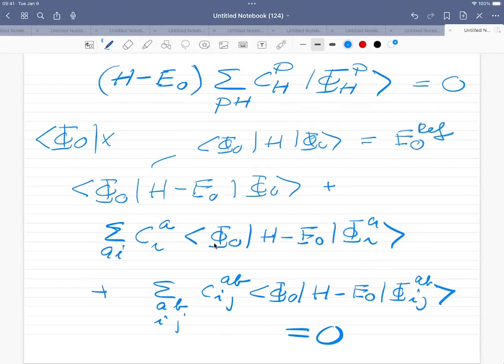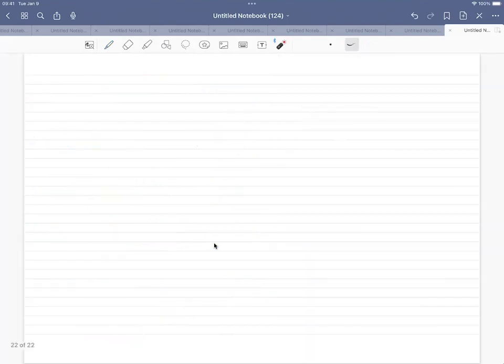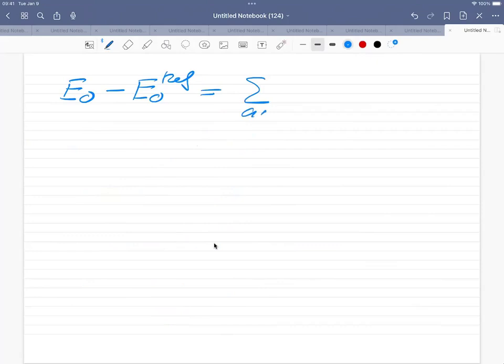So what I'm going to do now is simply put these terms on the right-hand side, and then I'm going to have E, the exact energy, minus the reference energy, and this is going to have an exact expression in terms of the particle-hole Slater determinants.